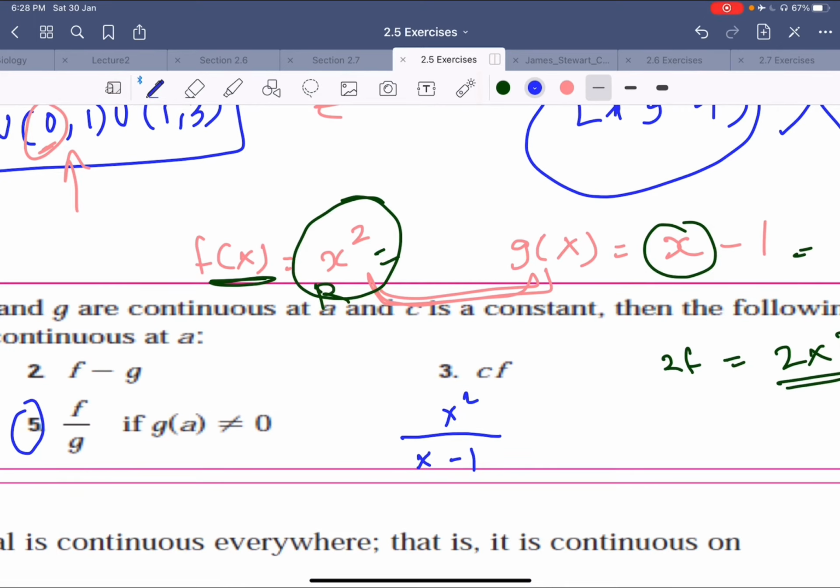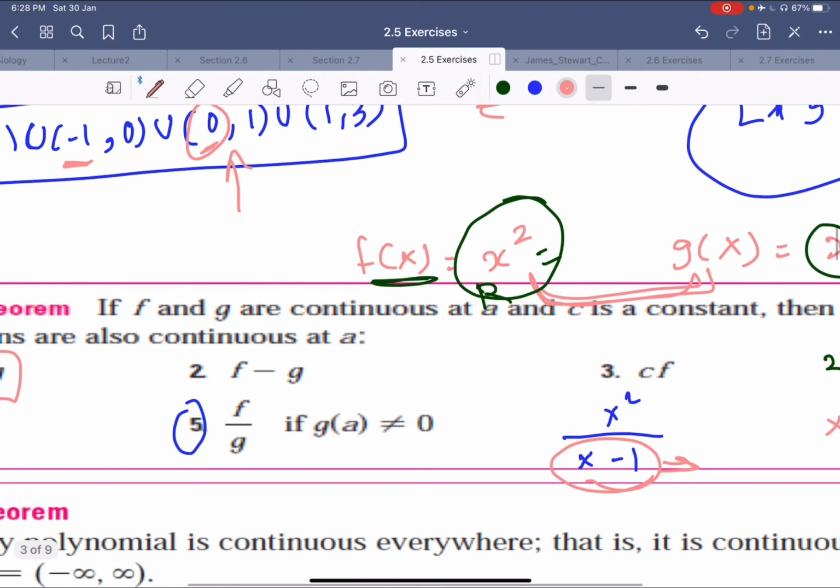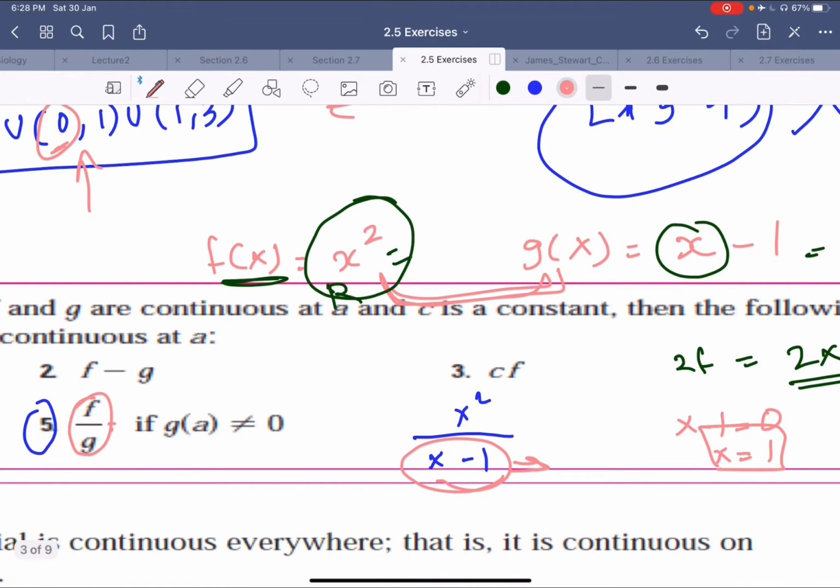So to get the domain correctly, it will be all the values except the zeros of the denominator. So we set x minus 1 equals 0, which gives x equals 1, because if the denominator is 0, the whole rational function will be undefined. So we look at the zeros of the denominator.